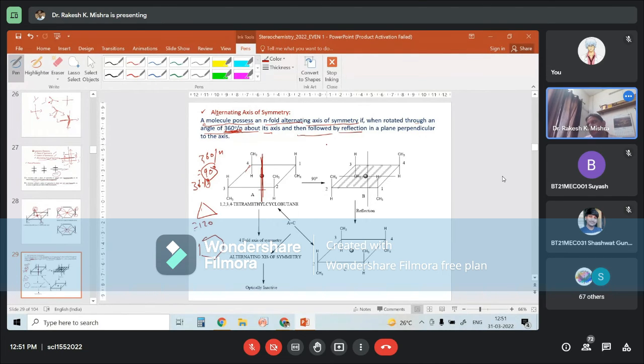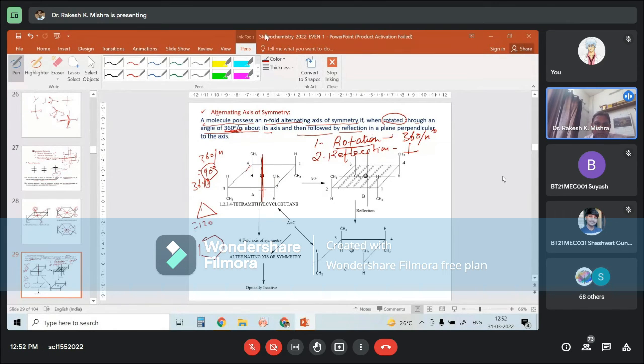reflection. Reflection means you have to make a mirror image of this one in a plane perpendicular to that. So first your action is the rotation, 360 by n degrees, and the second is the reflection perpendicular to whatever you have rotated.